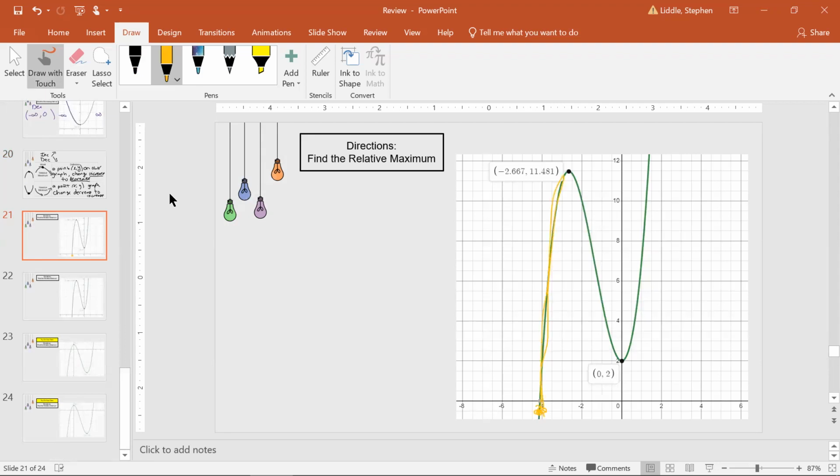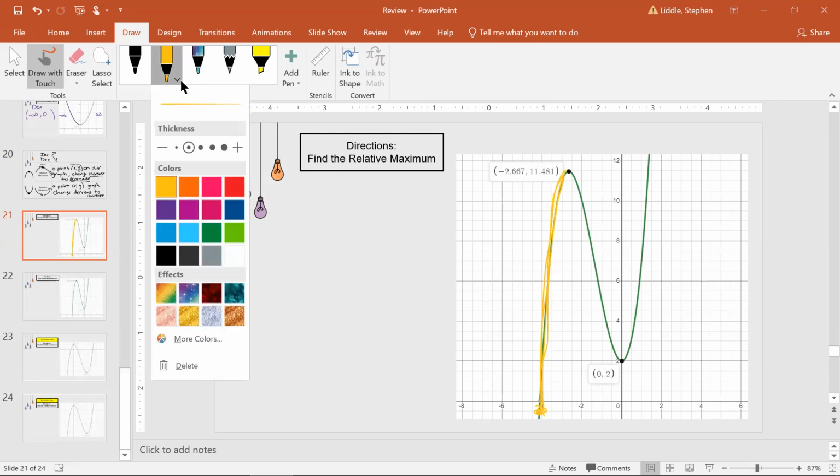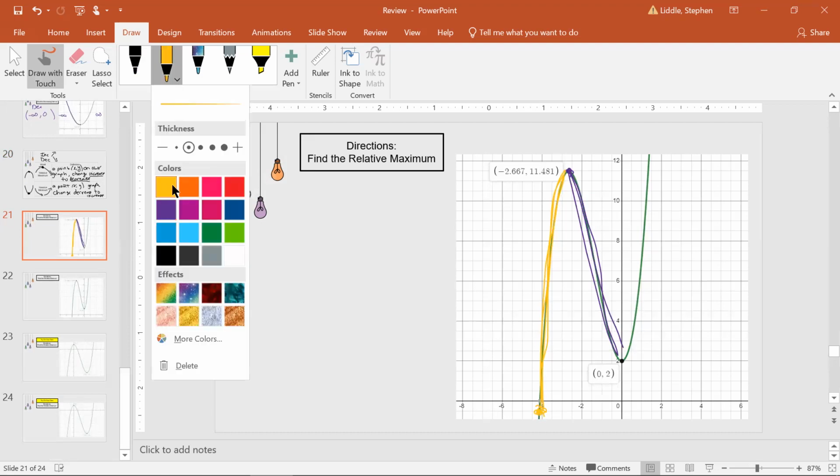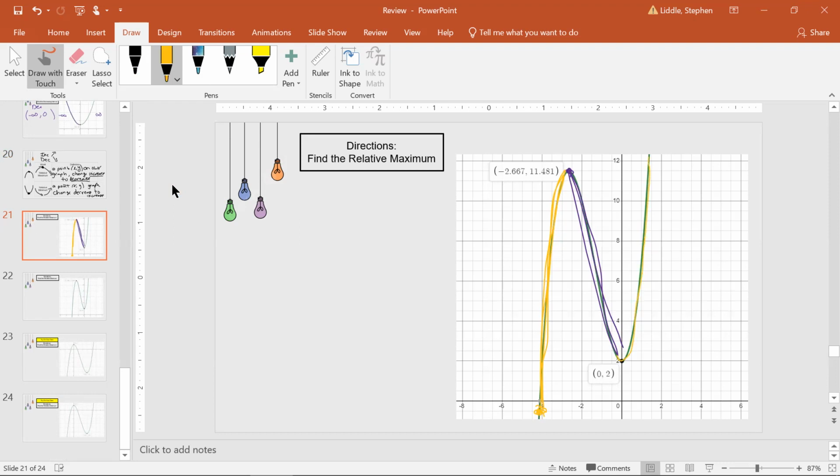So this yellow portion is going up. The next part from this point given, negative 2.667, comma 11.481, this part is going down in purple. And finally, this last part from 0, 2 onwards, we're going up.